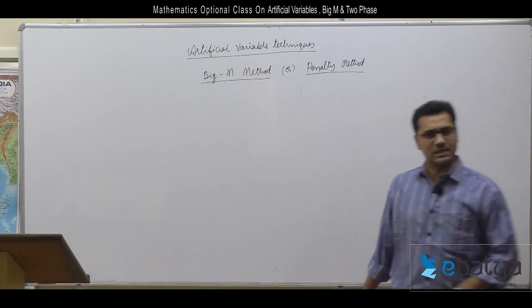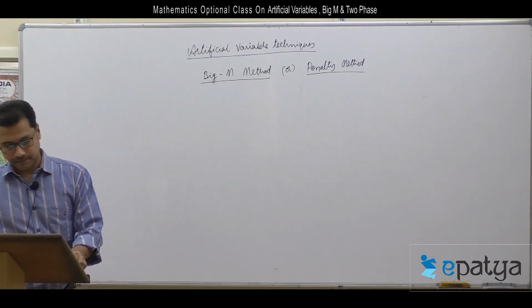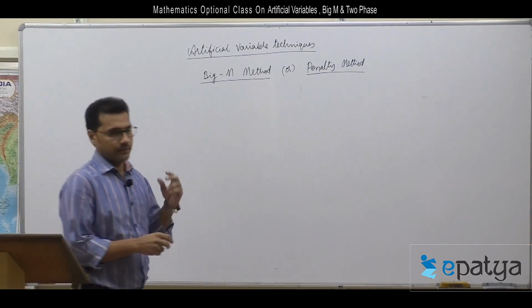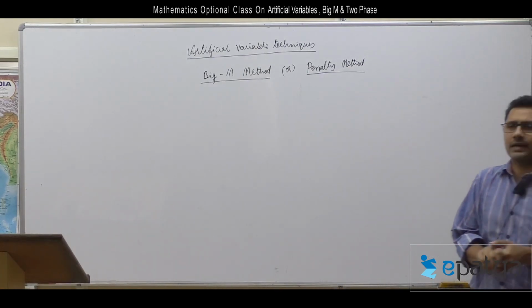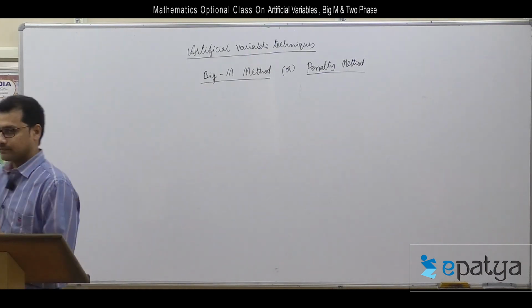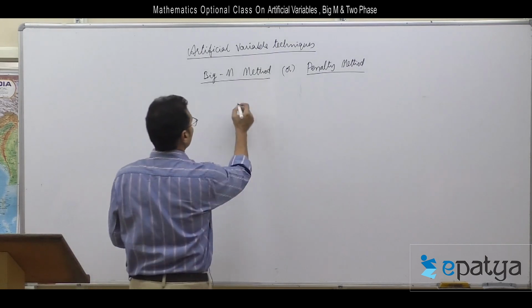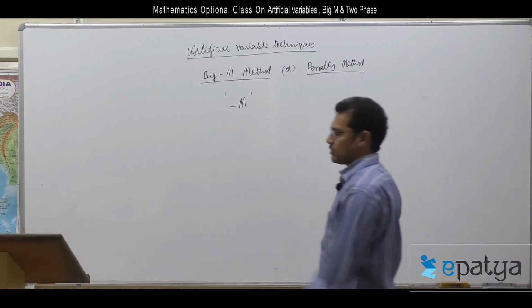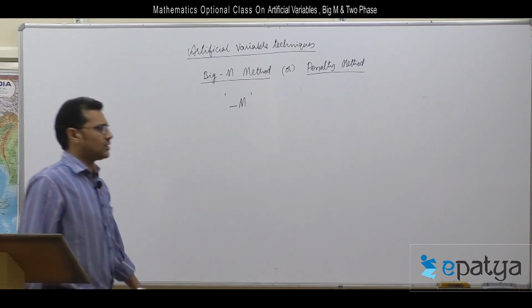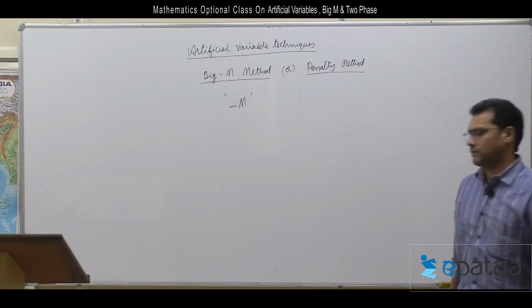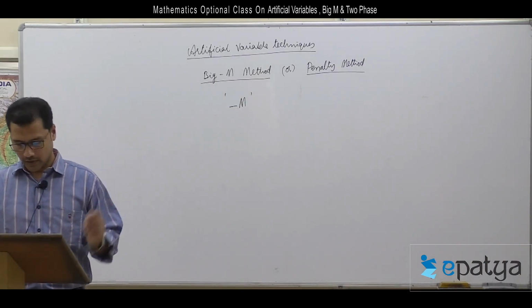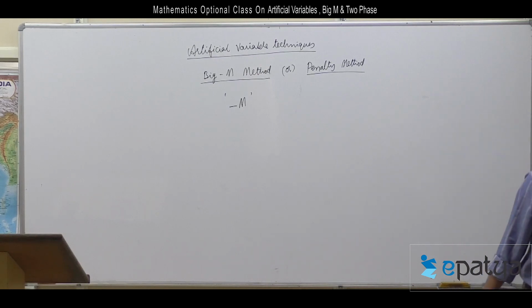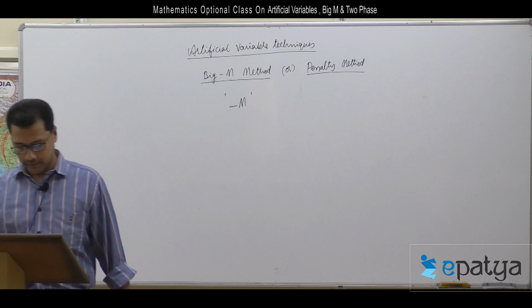Okay, we assign big penalties, in brackets minus M cost, to all artificial variables in the objective function, to drop them from the basis.